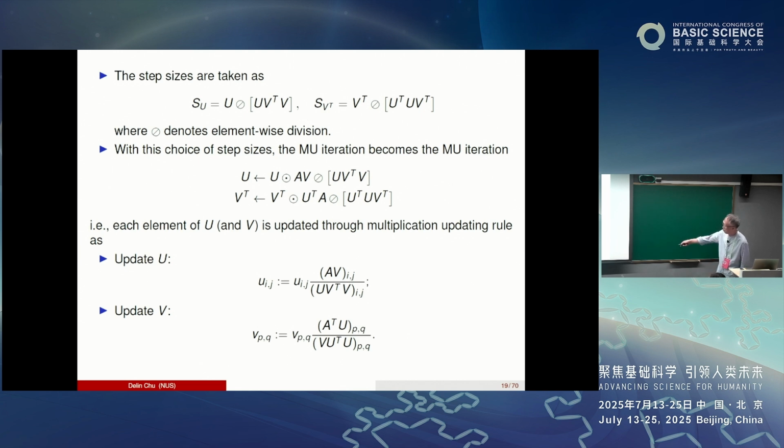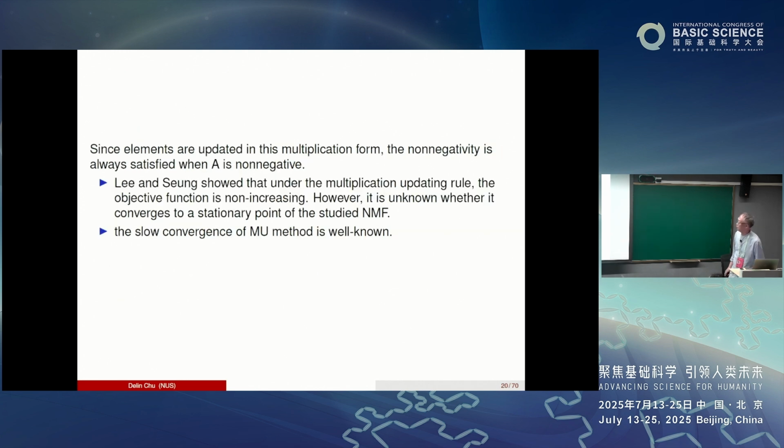Similarly, we have the formula for the elements of V. Now it is very clear. These two formulas are very simple, right? Also, we can see that if A is non-negative, then U_ij and V_pq stay non-negative. This is the reason why we assume A is non-negative.